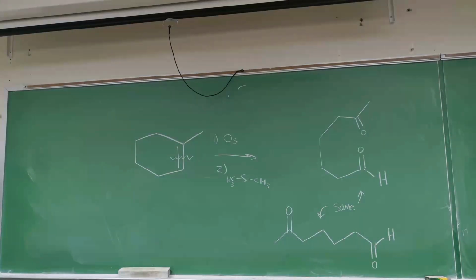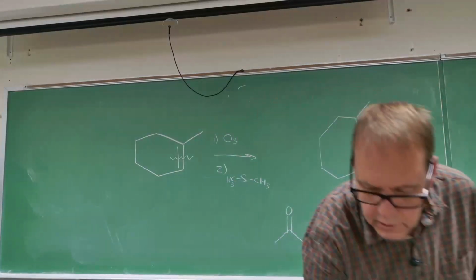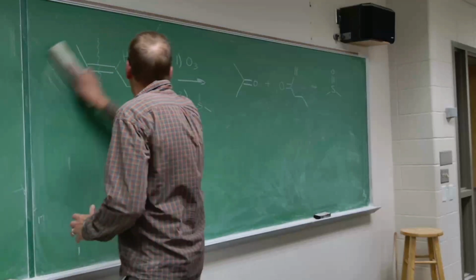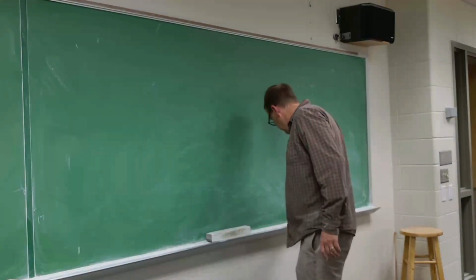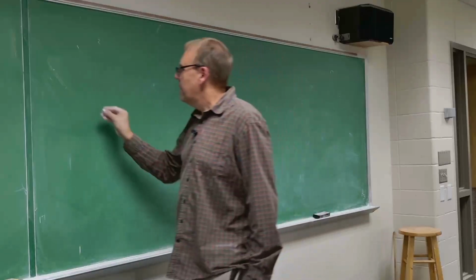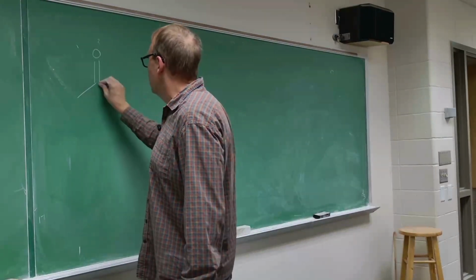Okay. Sometimes you'll get questions that want you to work in reverse. I'll show you one quick example of this. What if you were asked about this question? The question said, here's a molecule.